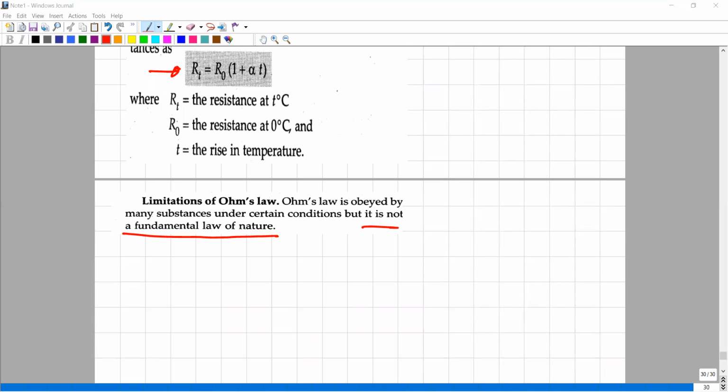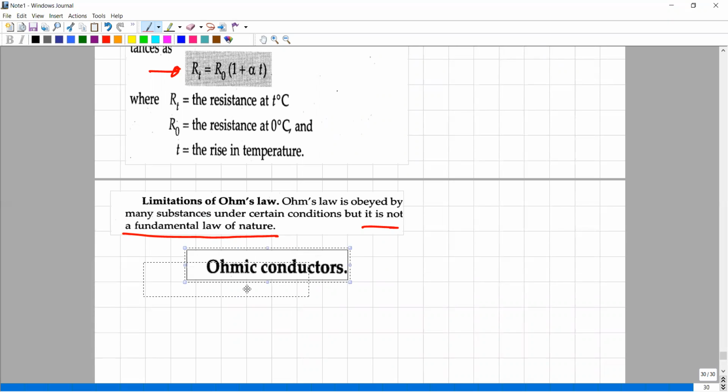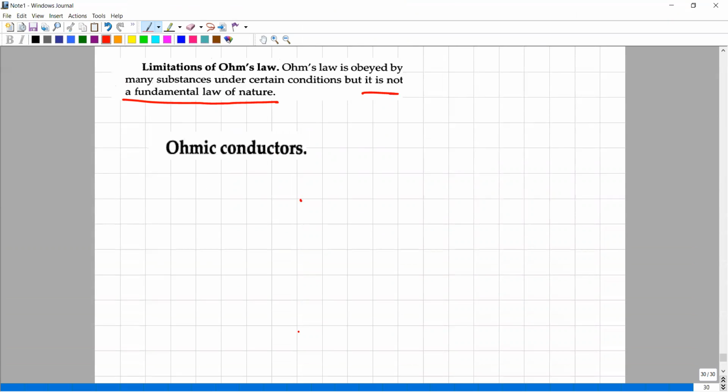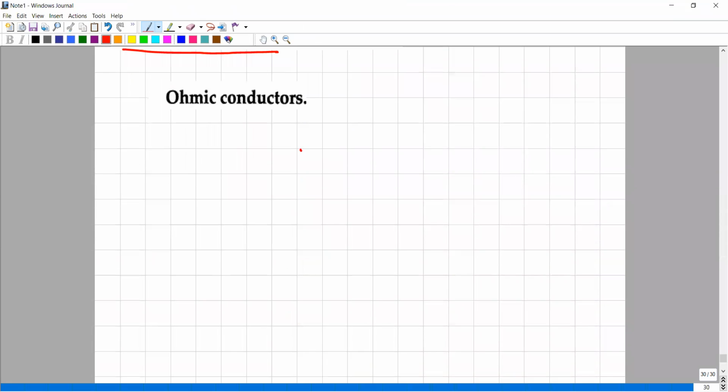Ohmic conductors are the ones that follow Ohm's law, and non-ohmic conductors do not follow Ohm's law.